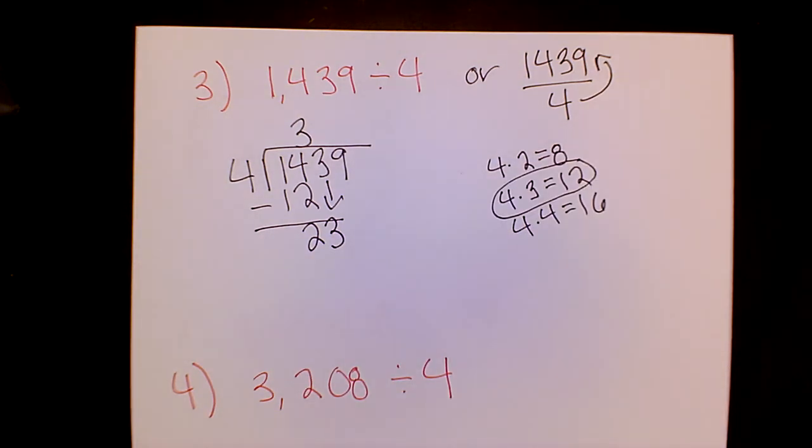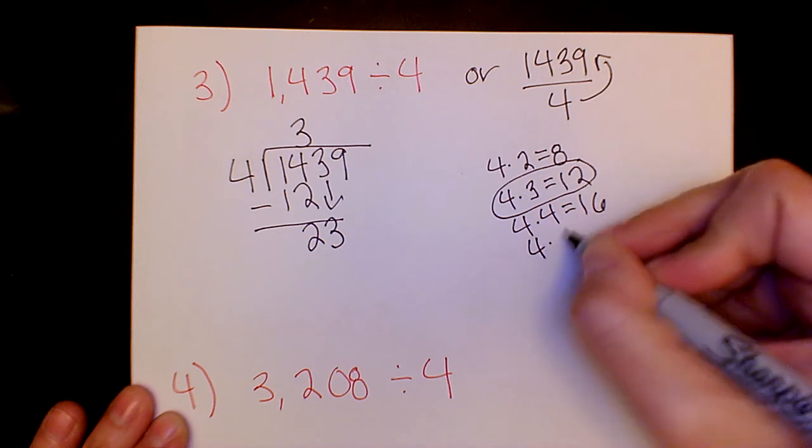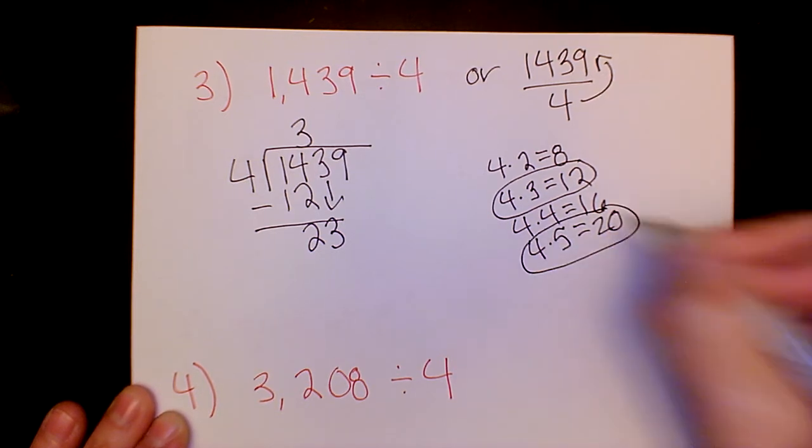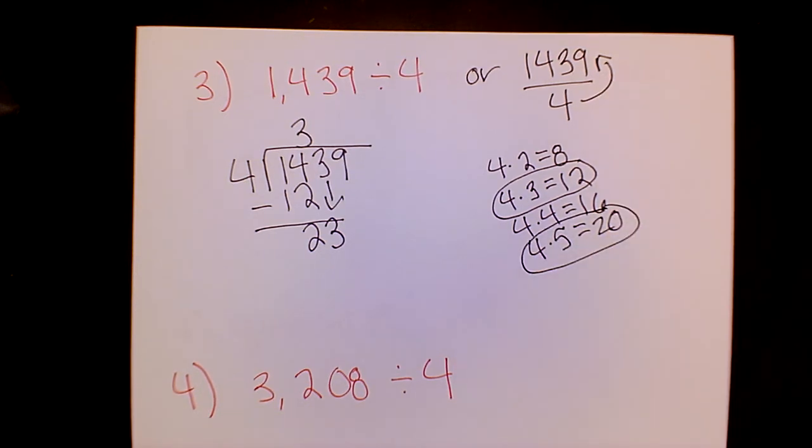Does 4 go into 23? Or how many 4s are there in 23? Well, we know it's bigger than 4 because 4 times 4 is 16. 4 times 5 is 20, and I think that's pretty close. Remember, we want to get as close as we can without going over.